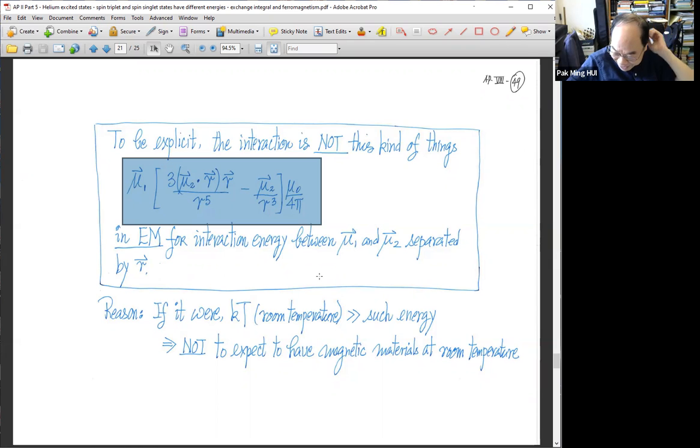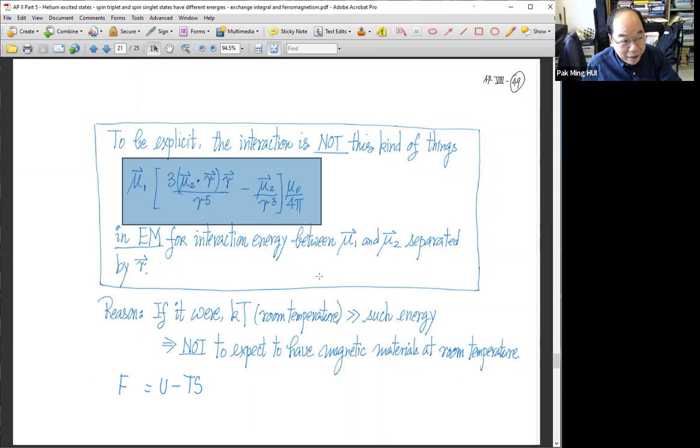The thermal and statistical physics. So I hope that by now you know, at finite temperature, you are trying to minimize the Helmholtz free energy. Okay, do you know that?